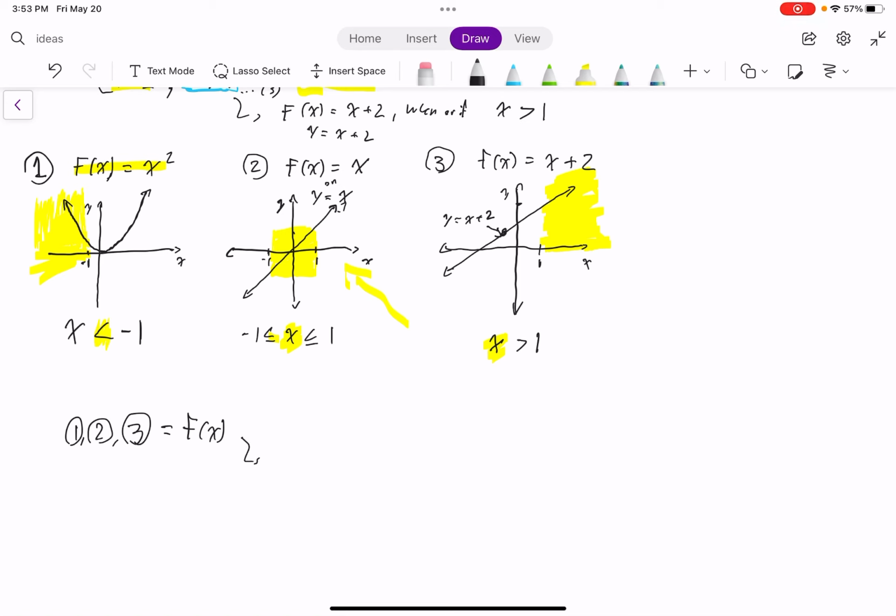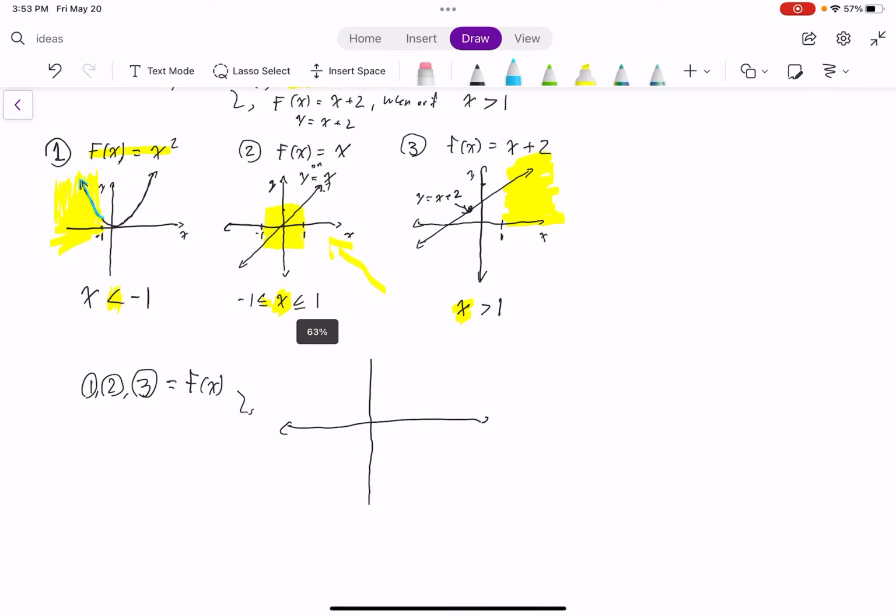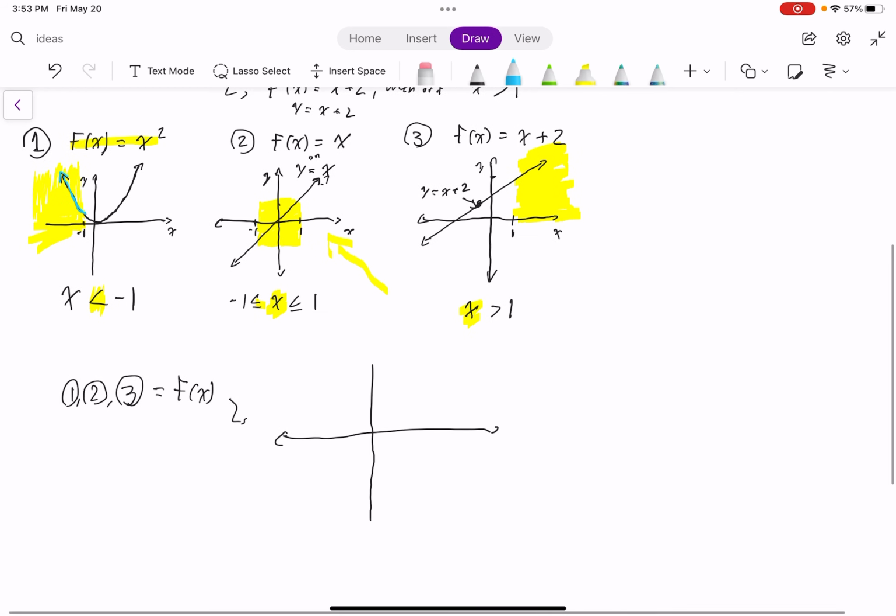So the graph is going to look something like so. We'll take piece 1, which is this guy. We only want the part of the graph that's in the yellow. He goes this way forever. So we're going to add him to here.